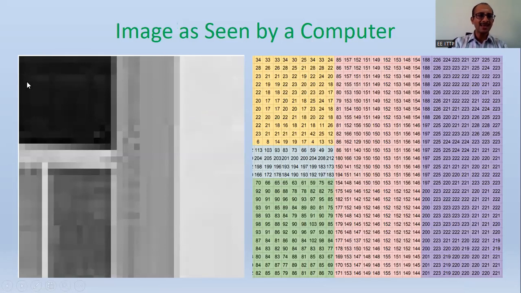Wherever there is a black region, the average intensity of the pixel element at that location is very low because it is a dark region, and the values encoded there are on the lower side of 0 to 255.